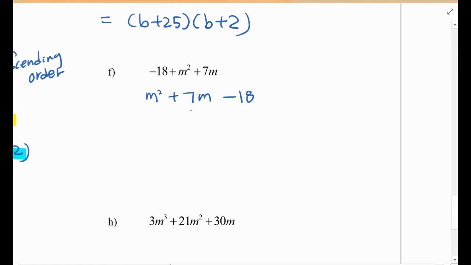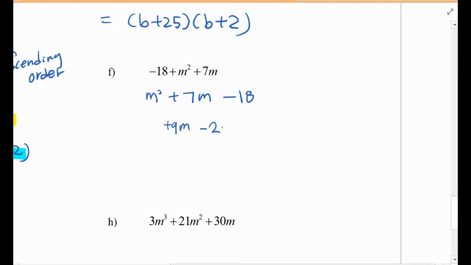I'm going to choose positive 9 and negative 2. When you multiply positive 9 and negative 2, it becomes negative 18. And when you add them up, it becomes positive 7. So this is the right pair of numbers.